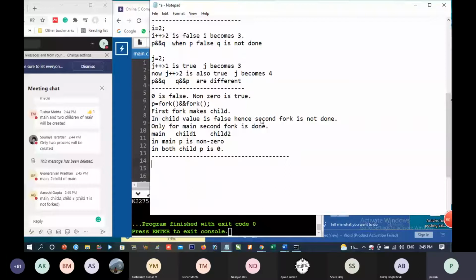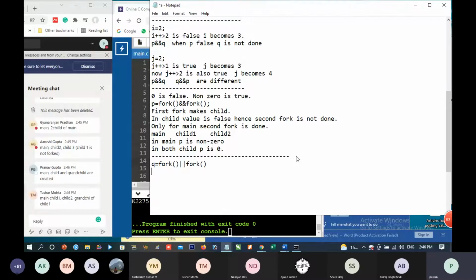Write down a similar answer for this. How and what are the values of Q?